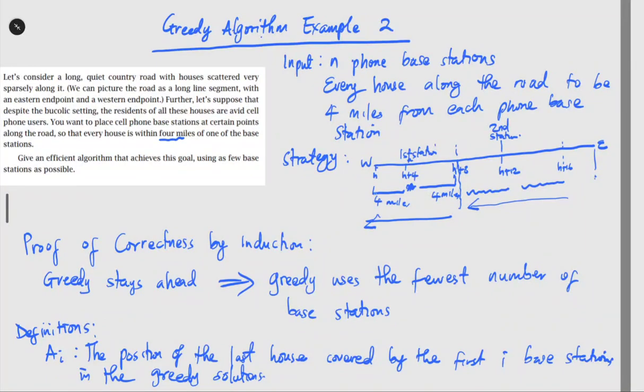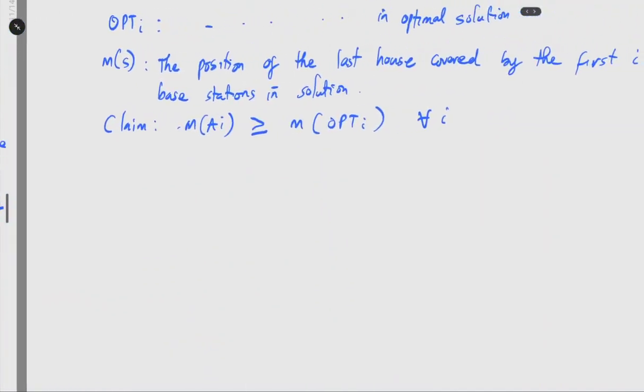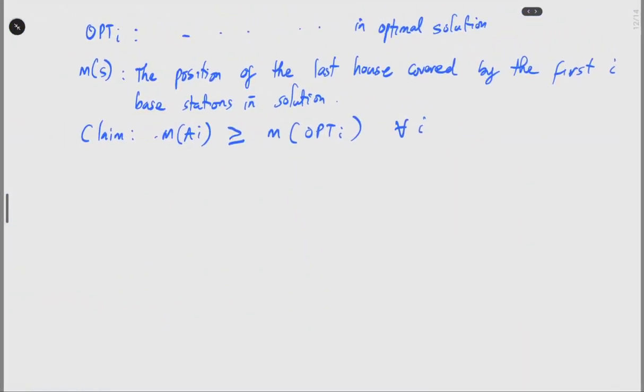But if we do that, 2 stations would only cover from H to H plus 8, right? So we see that the greedy covers more distance. The position of the last house covered by the greedy for a given I base stations would be further than that covered by any other solution. I hope this makes sense.